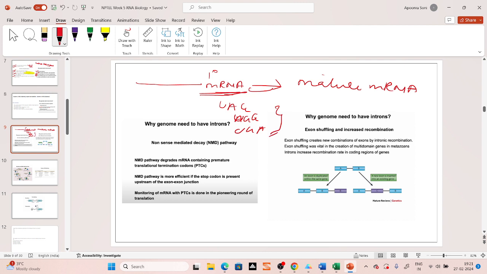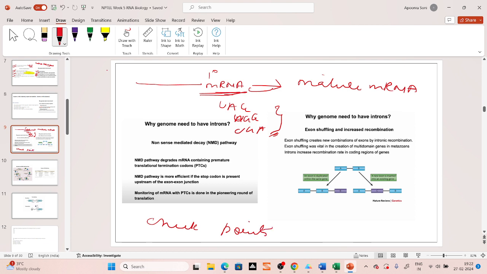If these translational termination codons are not proper, if there is any problem in the sequence, then such an mRNA is not completely matured to give rise to protein. So you have to understand that there are certain checkpoints.